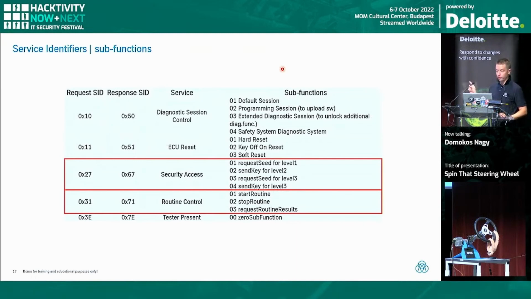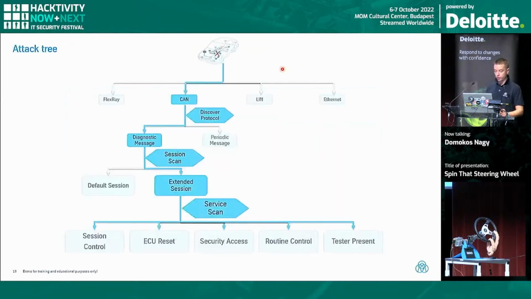And we have routine control. Maybe that's the most interesting one, because routine control can call implemented routines, and one may spin that wheel. So that's a good one. And tester present helps to keep your session alive.